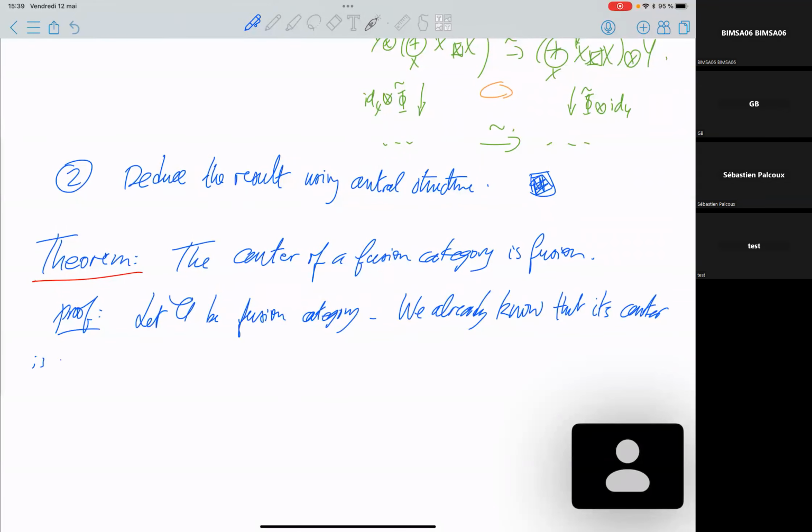It was stated in the book, Theorem 7.16.1, and we covered that, if I'm not mistaken. So it remains to show semi-simplicity.